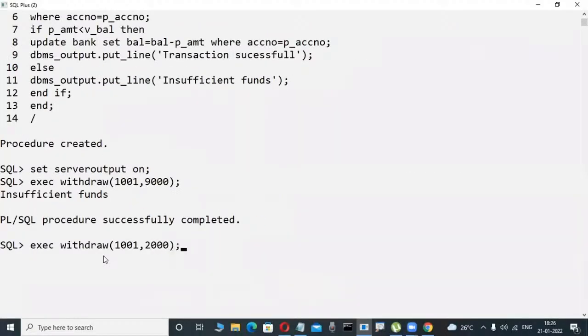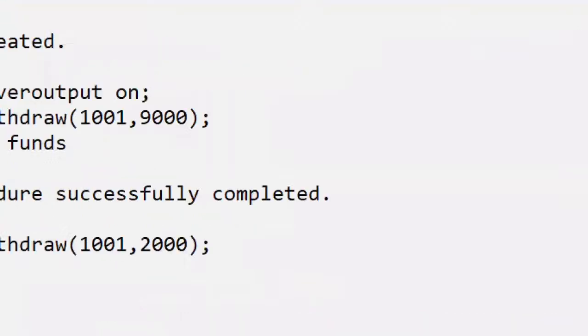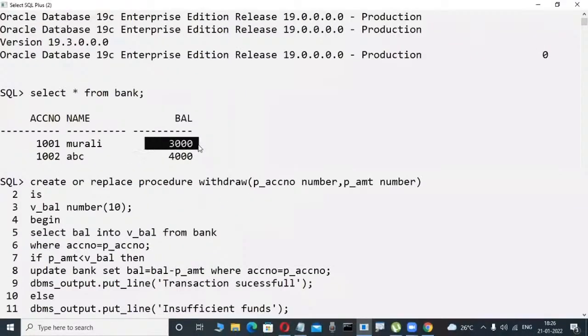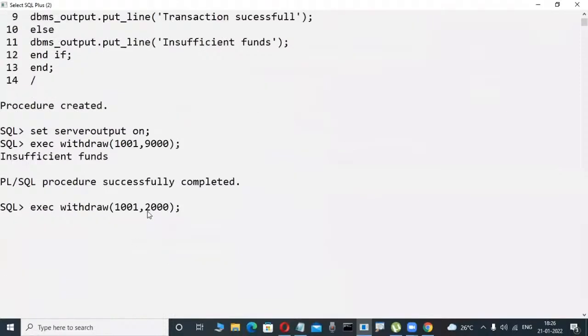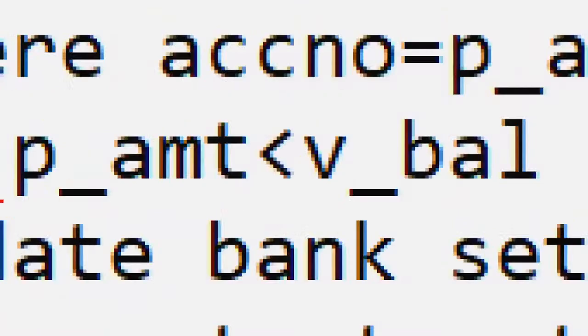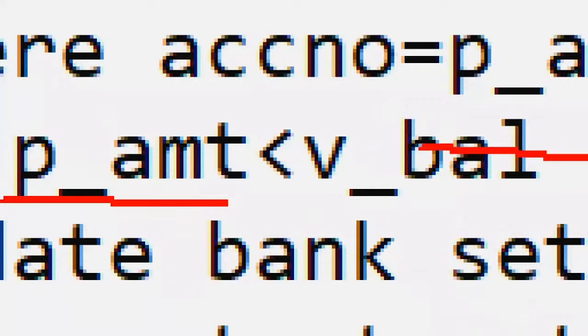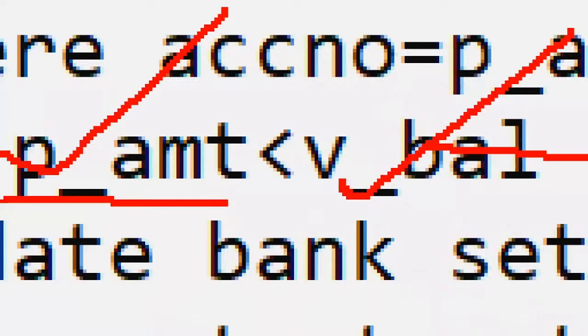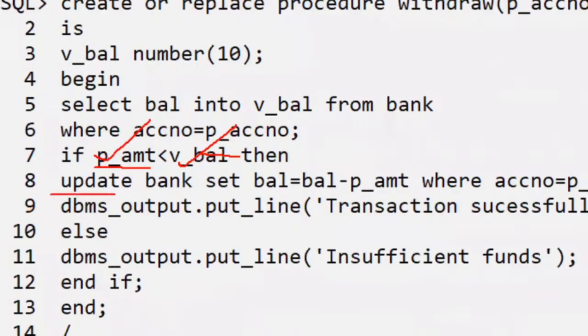Possible? Possible. Why? Because my balance is 3,000, but I try to withdraw only 2,000. So whenever your passed amount, 2,000, is less than the available balance, in this case 3,000, I am updating the bank table.